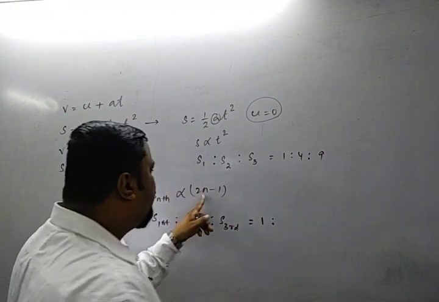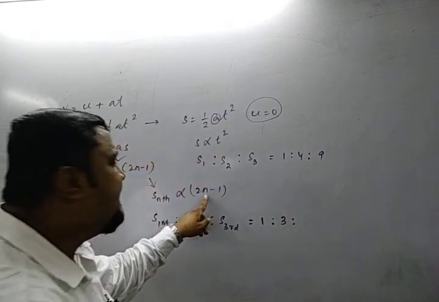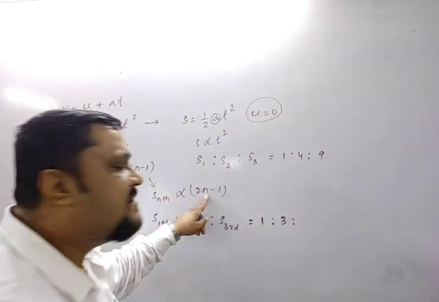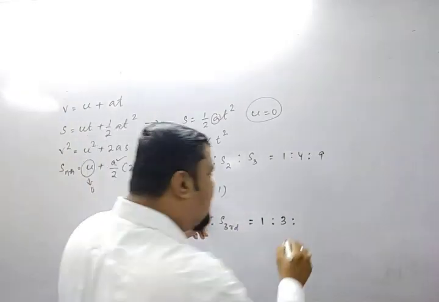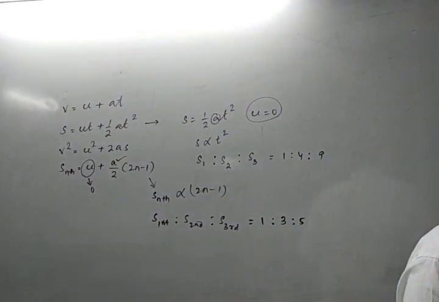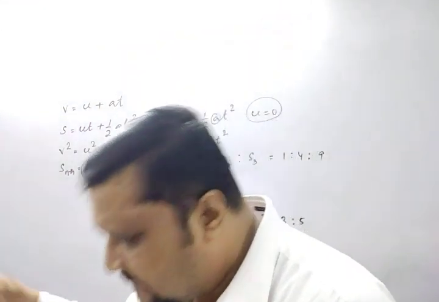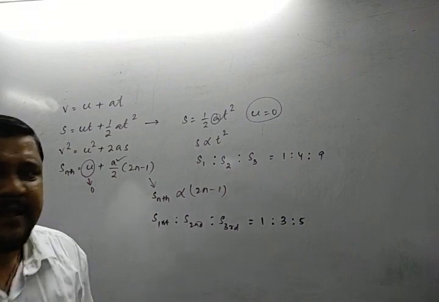For the second second, 4 minus 1, that is 3. For the third second, 6 minus 1, that is 5, and so on. So these are the ratios of the distance travelled. These things we can get from the equations of kinematics.